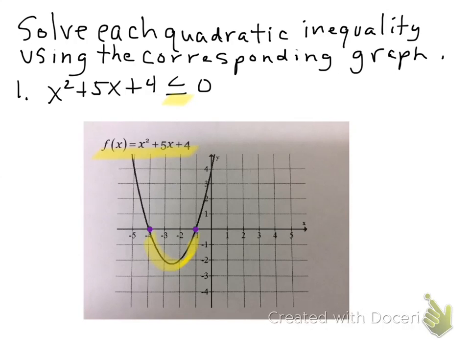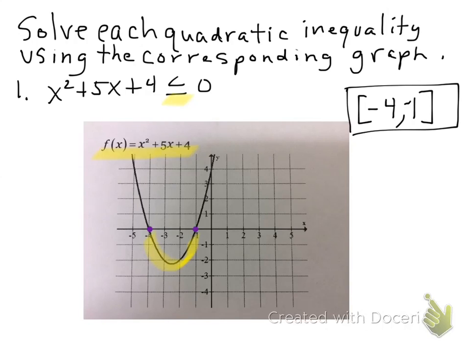Finally, we can use that information to write our solution using interval notation: negative 4 to negative 1. Notice we have square brackets because we're including negative 4 and negative 1, because that's where we're equal to 0, which is part of our solution. Let's move on to the next example.